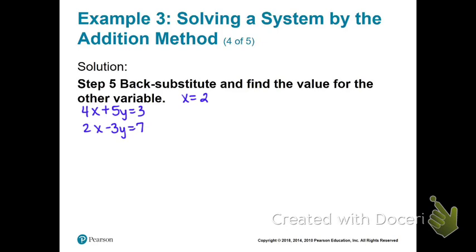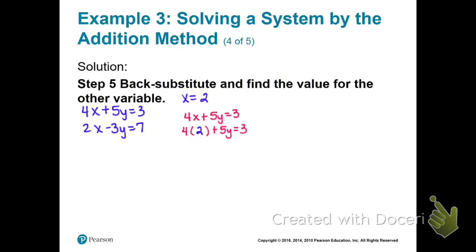So to back substitute to find the value for the other variable, we're just going to pick one of those equations and plug 2 into it. So which equation do you want to use, the top or the bottom? All right. So you chose the top one. So 4x plus 5y equals 3. And so we're going to plug in that x is 2. Is y 2? No, just the x, because we're going to solve for y.